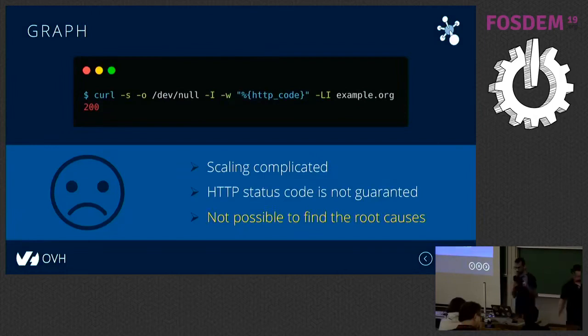So the first thought for the project was to get the HTTP status code of every website hosted by OVH, but it's a bit complicated and not really handy. Sometimes it's even the customer's code which is not working, so it's not our infrastructure. And of course, in DEPC, as Nicolas said, we want to know the root causes.